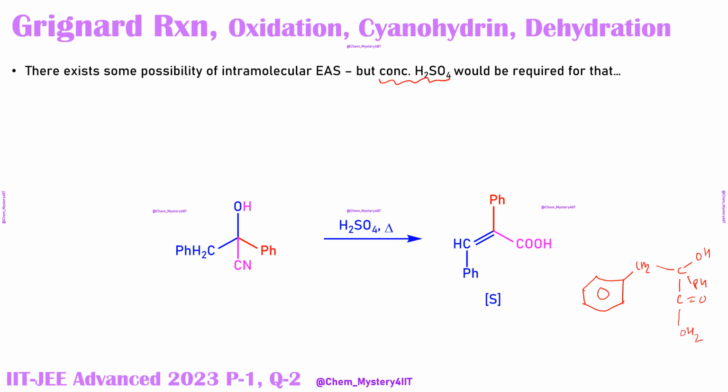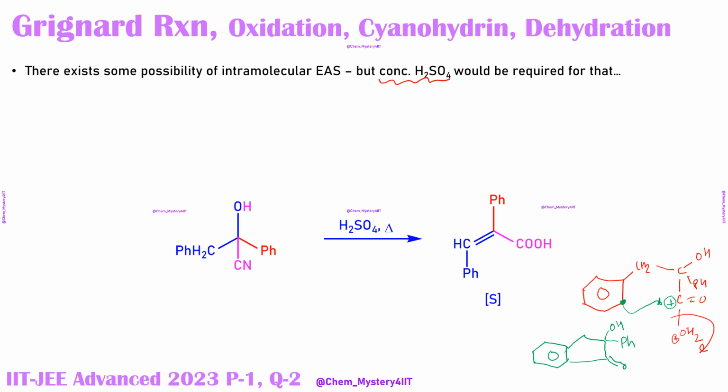Then this OH2 can get protonated, and we have a possibility of getting this carbocation generated. And this carbocation, as we have seen in the previous cases, can be attacked from this ortho position as well, giving you something like this. But that possibility would have happened if we had taken concentrated sulfuric acid, where this compound could have been chiral.